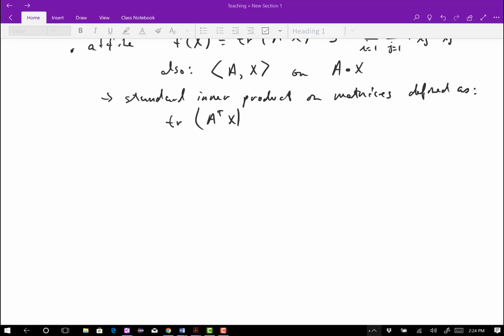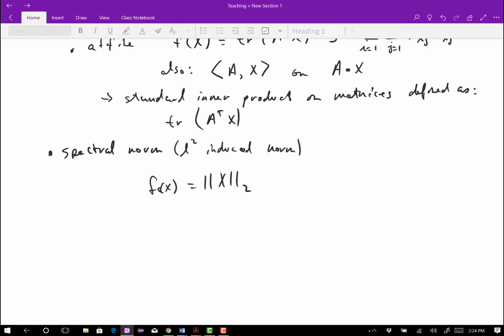Spectral norm. You may also hear this being called the L2 induced norm. f of x is equal to this spectral norm of x, which is equal to sigma max of x, which is equal to the square root of lambda max of x transpose x.